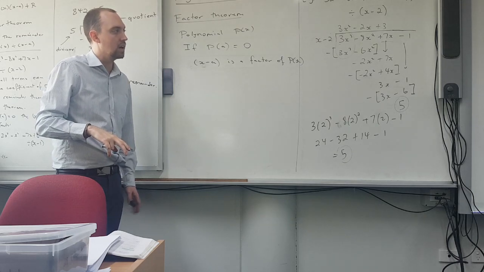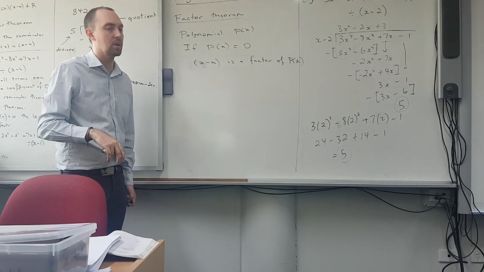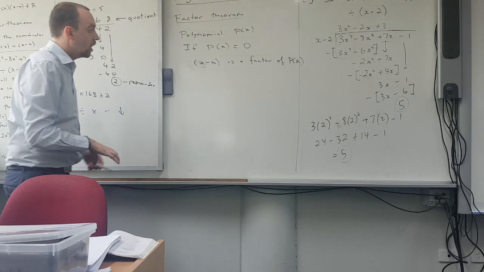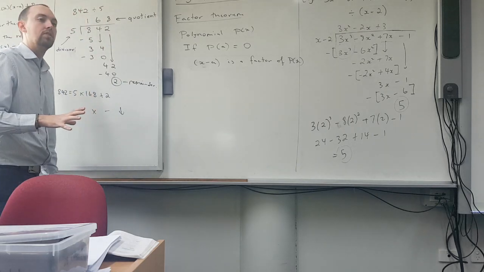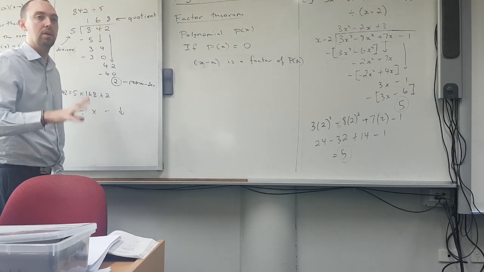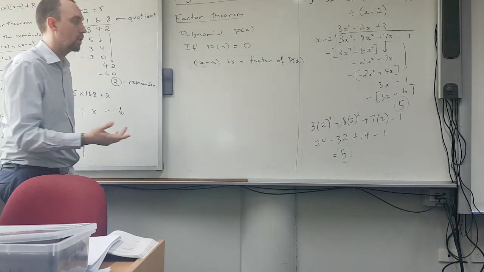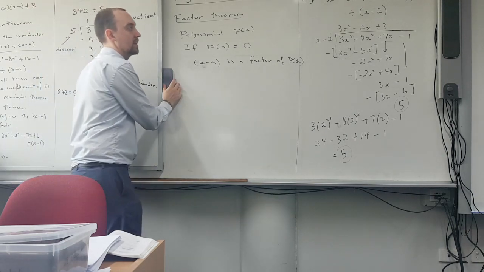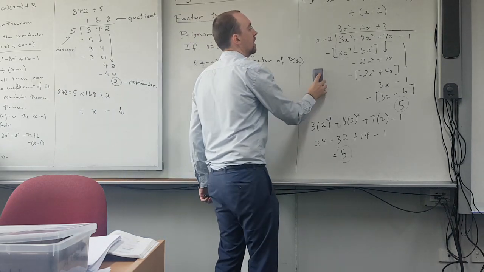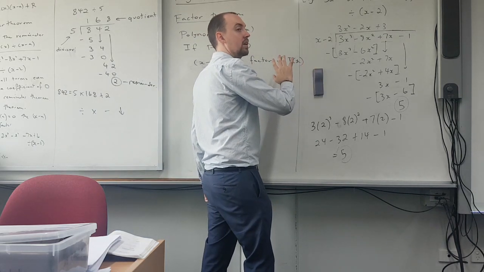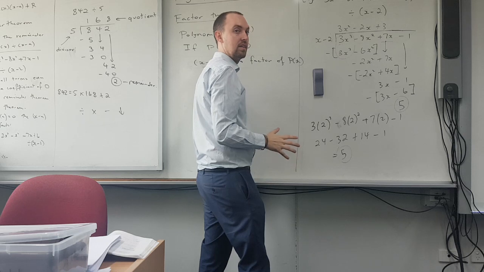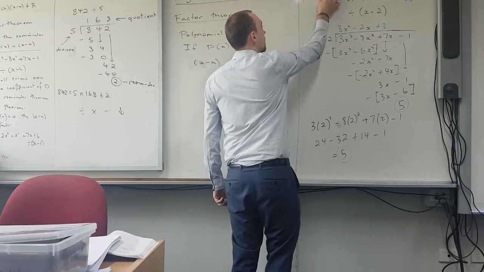I did actually forget something here. We'll come back to it. So factor theorem: if we substitute, we get a 0. It's a very important number, which means we can take it out cleanly as a common factor. Can I erase this right hand side?